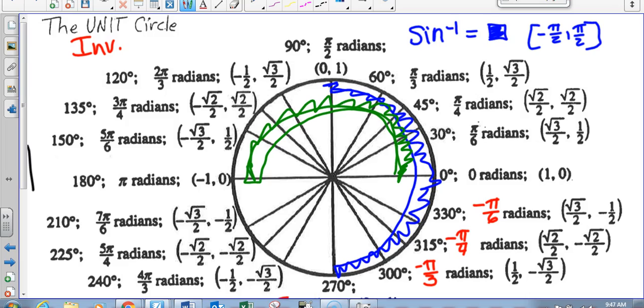That's a horrible coloring job. So the arc cosine is going to be green on my sample here, and it's going to go from 0 to pi. Do we need to renumber anything? Nope, 0 to pi, they're already numbered 0 to pi, right?